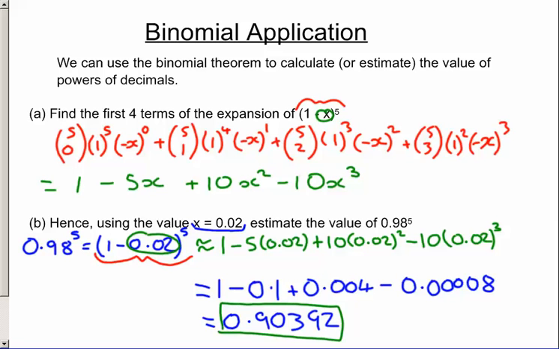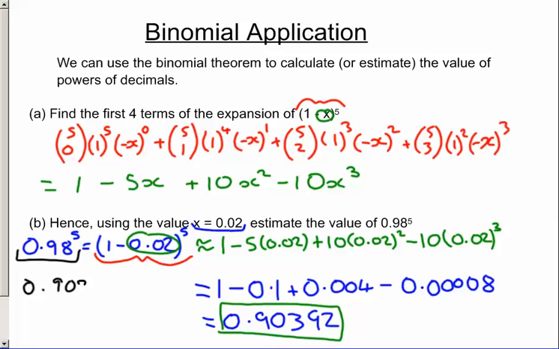If we had used the whole expansion, all 6 terms, instead of just the first 4, we would have got the exact value. And if we type 0.98^5 in our calculator, we get 0.9039207968.